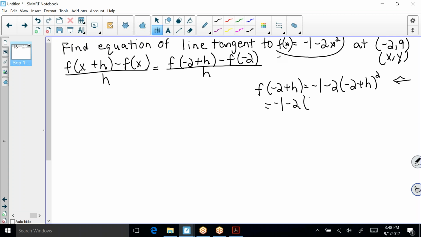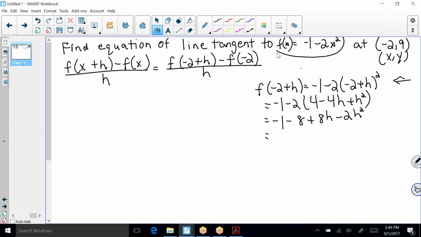And when you did that, you should have gotten 4 minus 4h plus h squared when you FOIL that. And then we have to distribute that minus 2. So that's equal to negative 1 minus 8 plus 8h minus 2h squared.